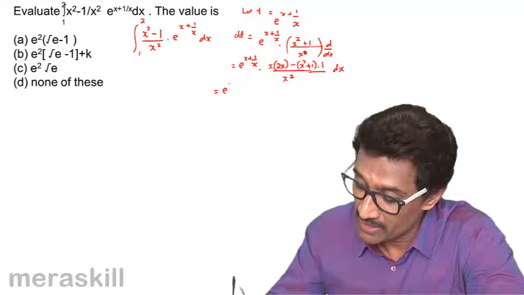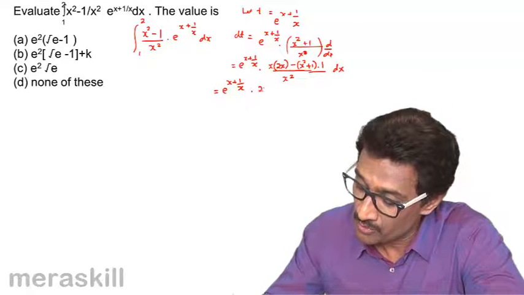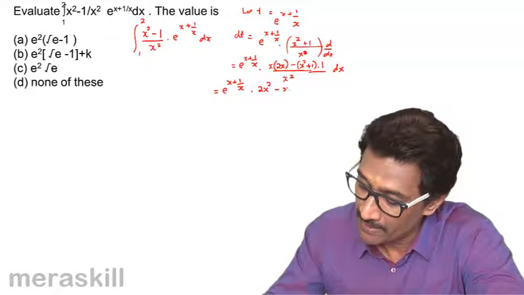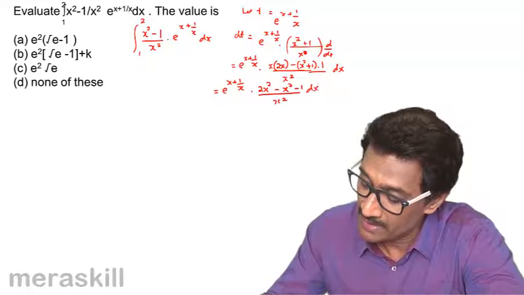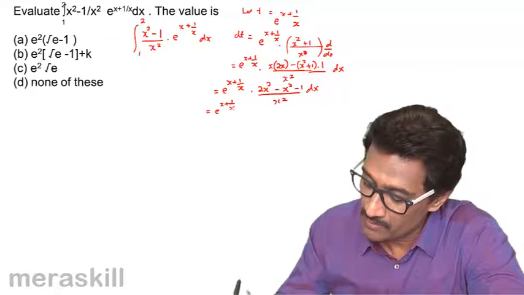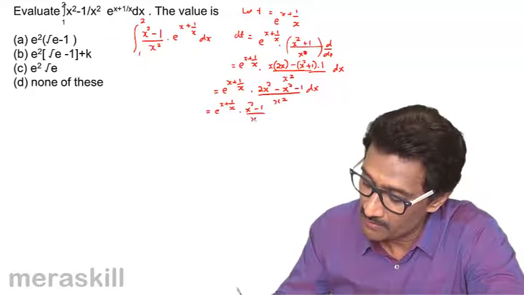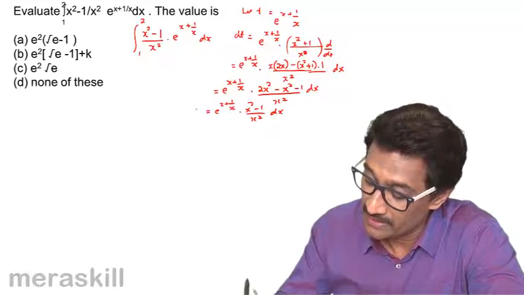So it's eventually e raised to x plus 1 by x into 2x square minus x square minus 1 by x square dx. So it's eventually e raised to x plus 1 by x into x square minus 1 by x square dx, and this itself is dt.